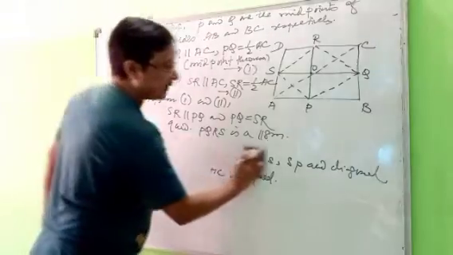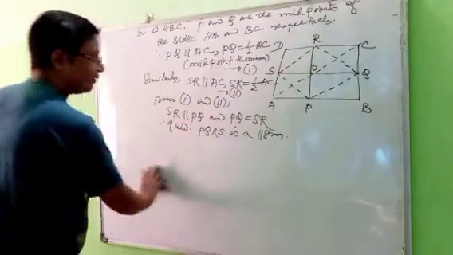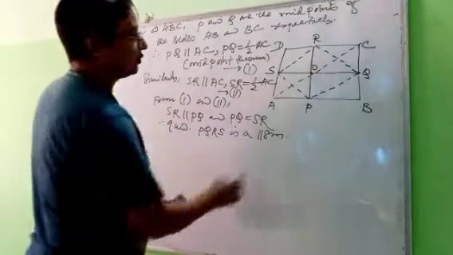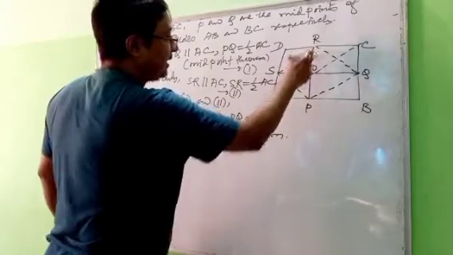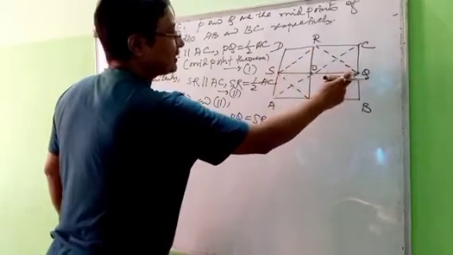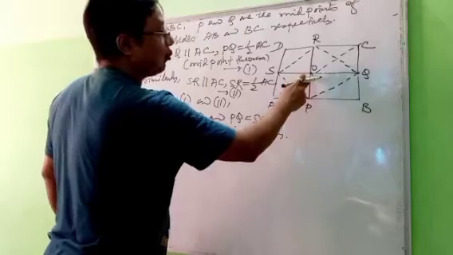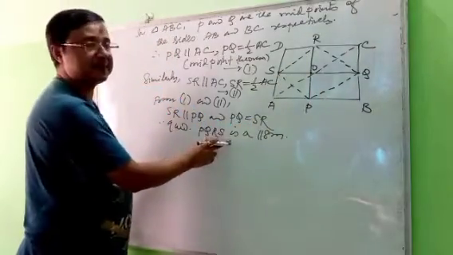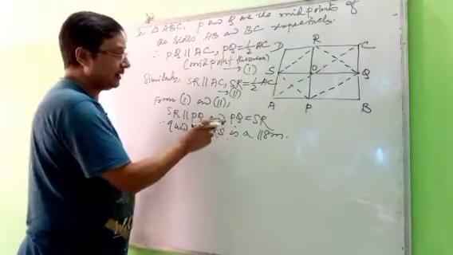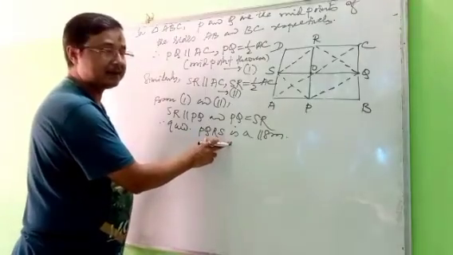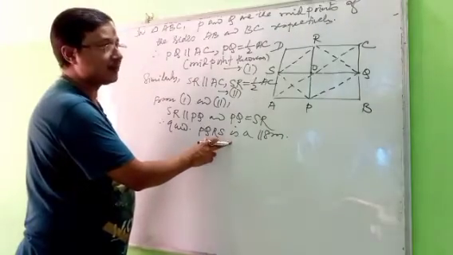And we know that the diagonals of the parallelogram bisect each other. So these are the two diagonals, PR and SQ. So they will bisect at O. Why? Because the figure has become a parallelogram. So if the figure is a parallelogram, in that case the diagonals will always bisect.